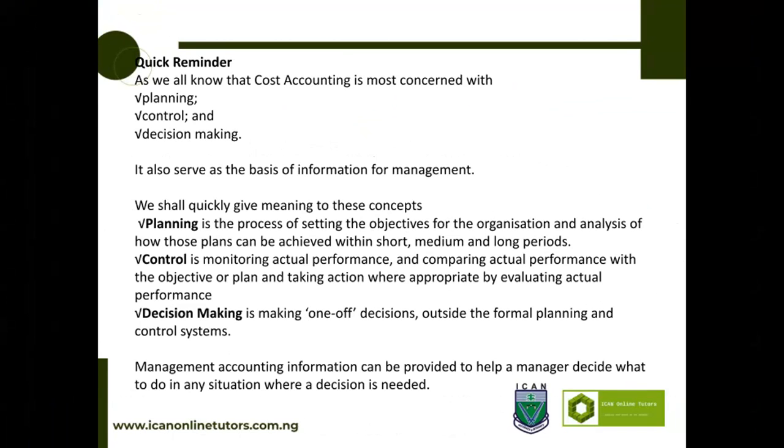It's what we call planning. And planning might involve short term, medium term, and long term goals. When you plan, you now do what you call controlling. Controlling is when you monitor your performance in order to see if you are actually following the guideline that you've set.